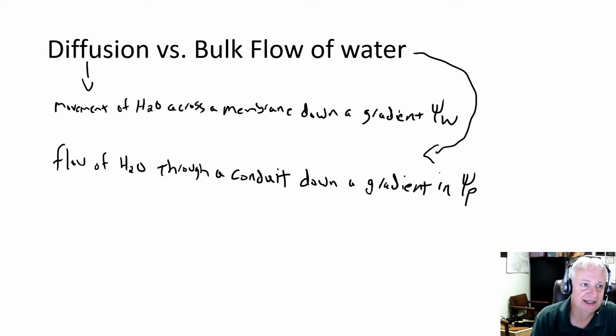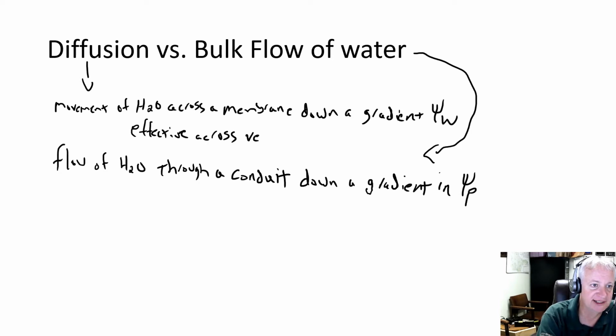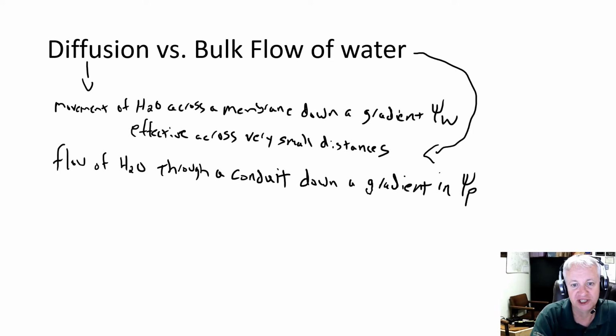Now these two mechanisms, diffusion and bulk flow, essentially operate at different scales. Diffusion is really effective across very small distances. In other words, from one cell to an adjacent cell, for instance. Diffusion is an effective mechanism of transport of water from one cell to the next.